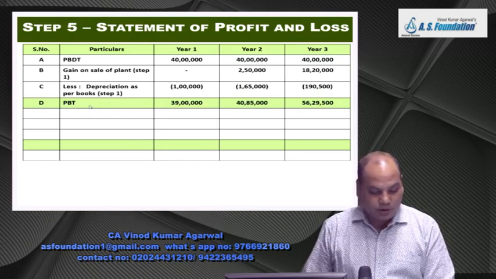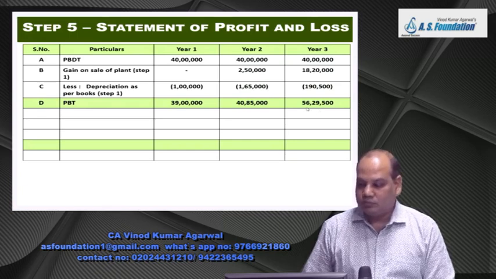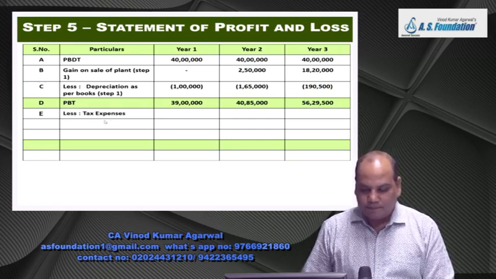Now we'll get PBT. 39 lakh, 40 lakh 85,000, 56 lakh 29,500, 56 lakh 29,500. Point number E, less tax expense.